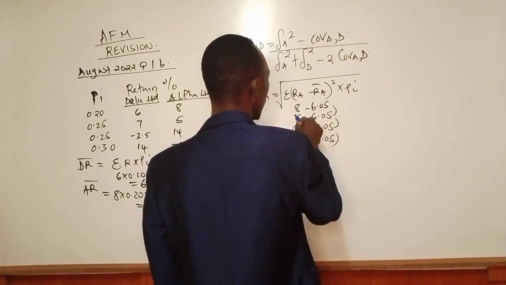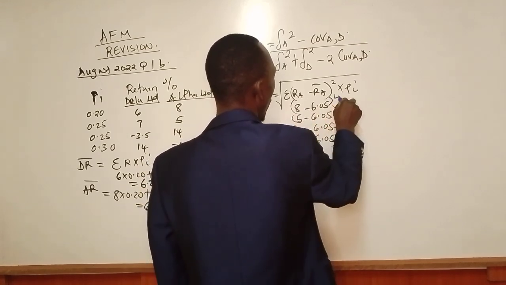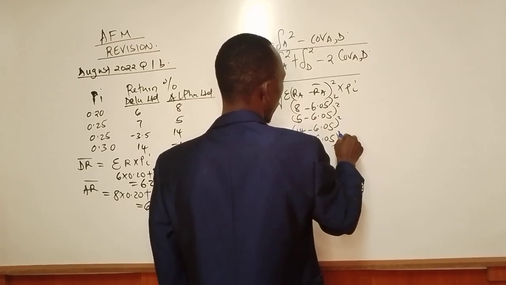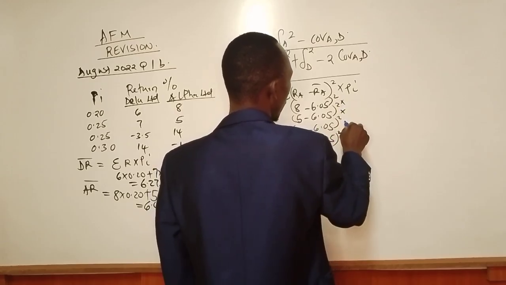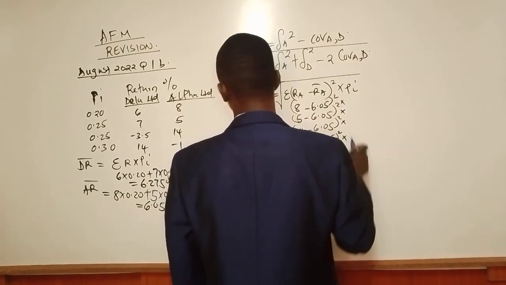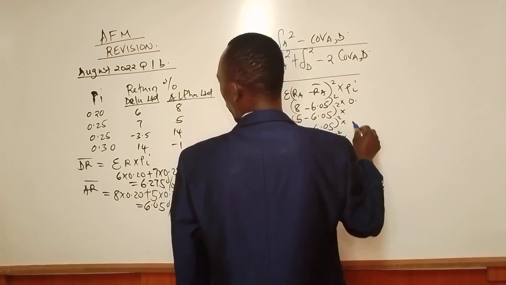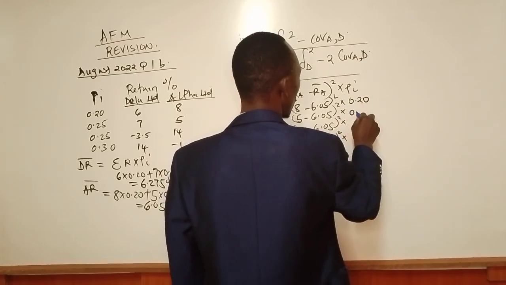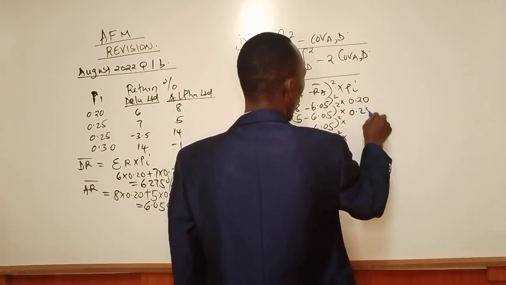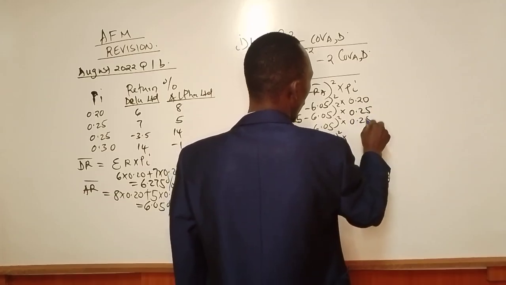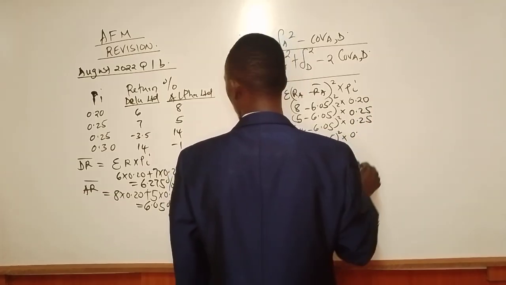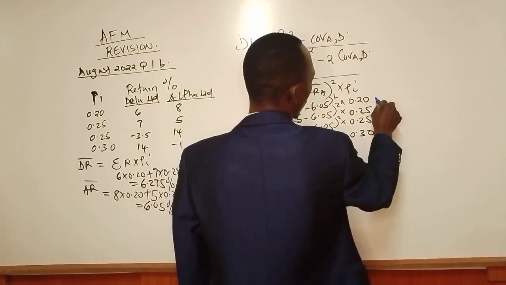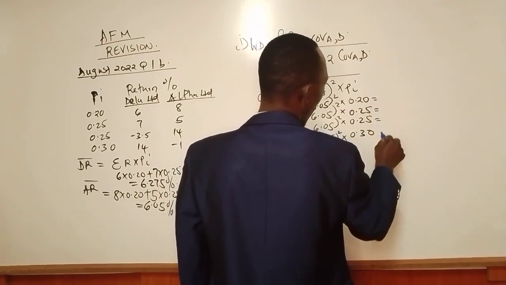Then once we get these, we square. Then we multiply by the probability. The probability was 0.20, 0.25, 0.25, and 0.30. So how much are we arriving at?